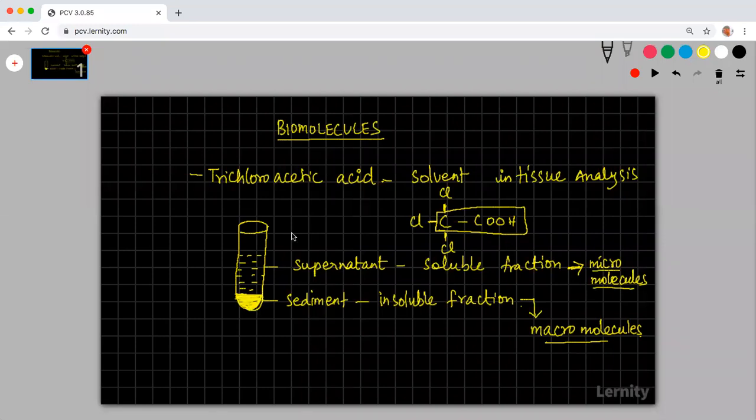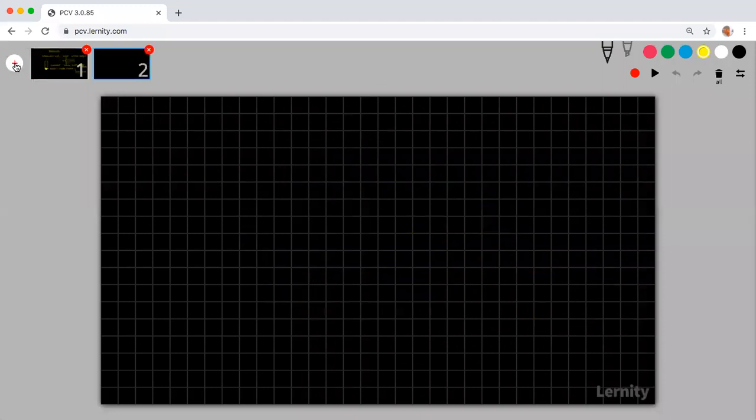Let us see that. What are micromolecules? Micromolecules are something which have a lower molecular weight.